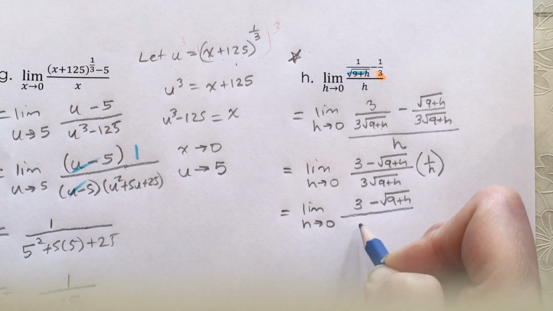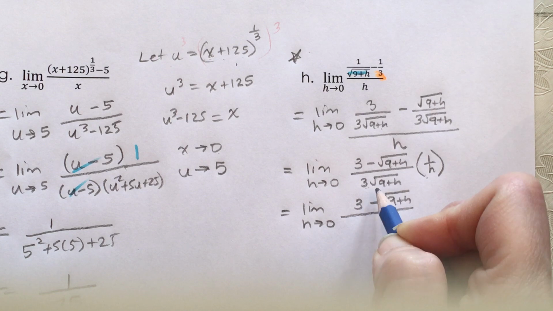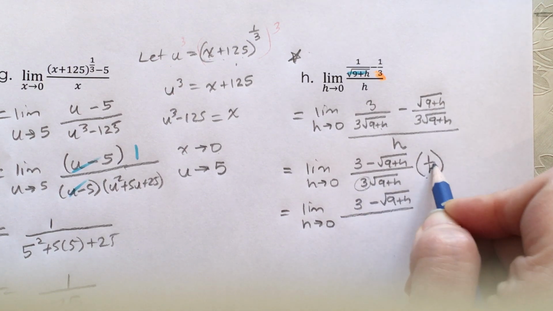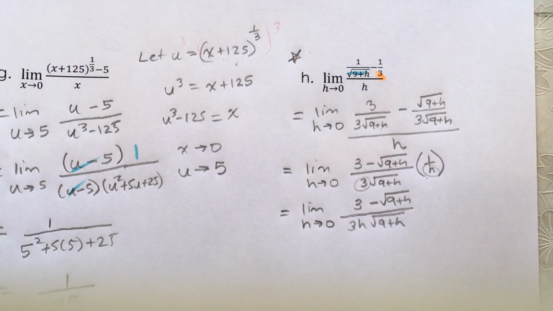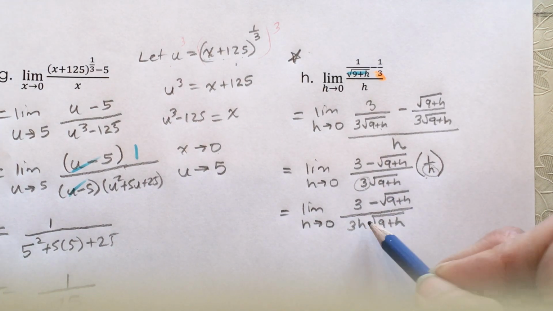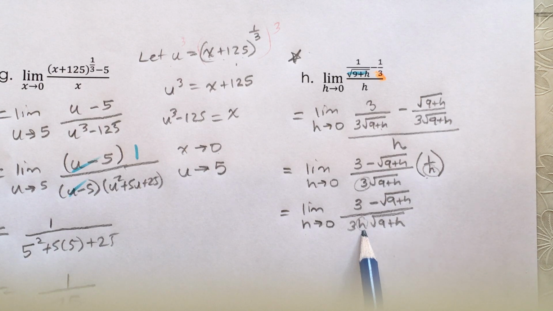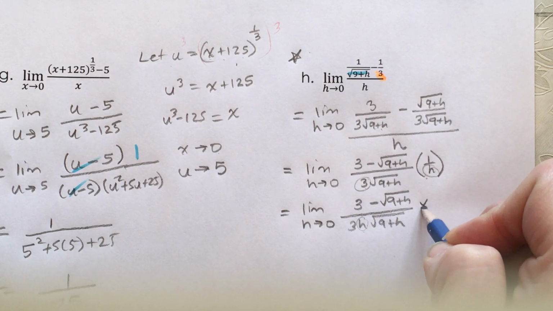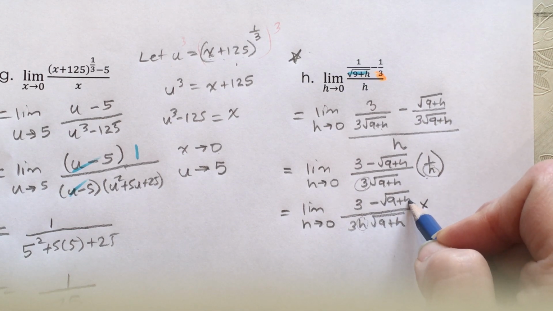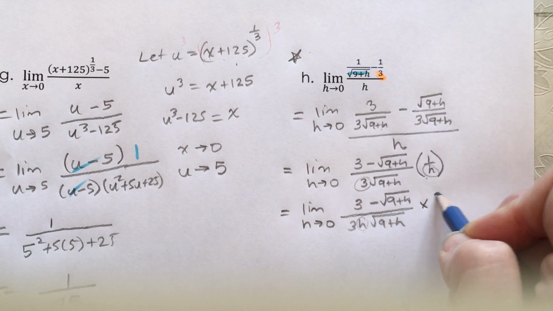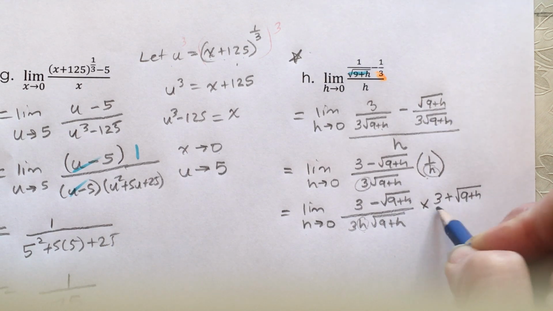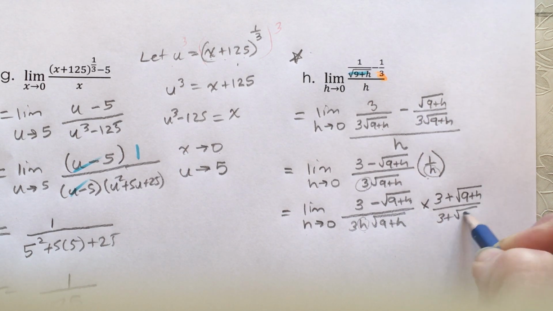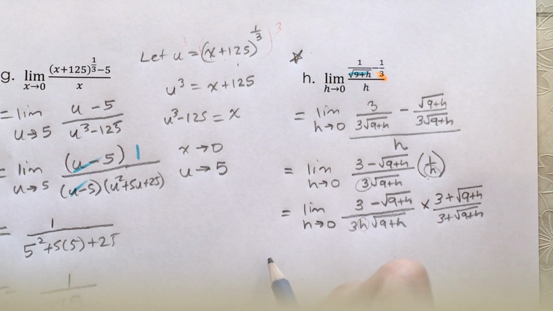In the bottom, we could have 3 times h because they're both monomials. So 3h root 9 plus h. And this is the problematic h right here, because if we try to let h approach 0, the denominator will approach 0. So now might be a good time to try multiplying top and bottom by the conjugate to free that h here. So that would be 3 plus root 9 plus h over 3 plus root 9 plus h again.